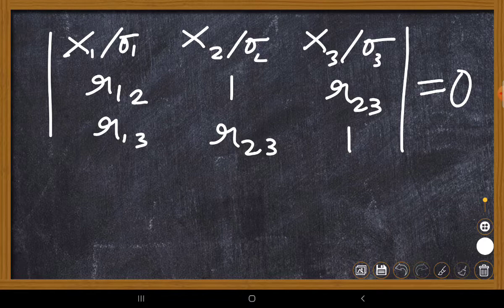Now let us expand this determinant using the first row.